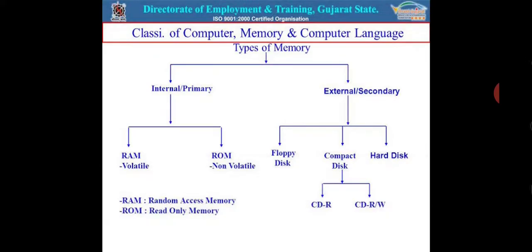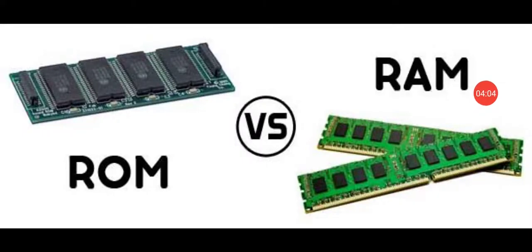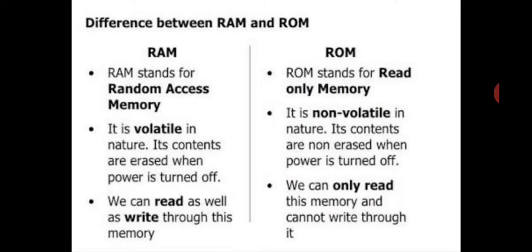Let us now learn about the RAM and the ROM. The RAM versus the ROM. What is the difference between RAM and ROM if both of them are the primary memories of the computer? Let us see.